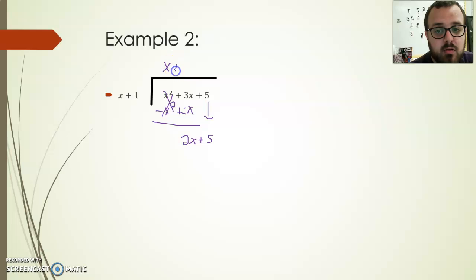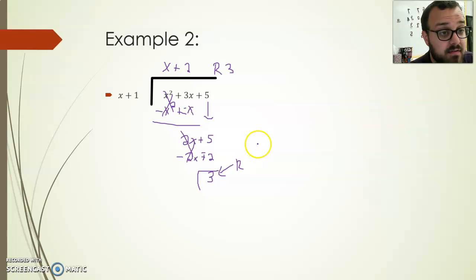That's going to be 2. That'll give me 2x plus 2. I subtract, cancel. 5 minus 2 is 3. x can no longer go into this anymore, so this will be what my remainder is. So I'm going to get x plus 2 with a remainder of 3.